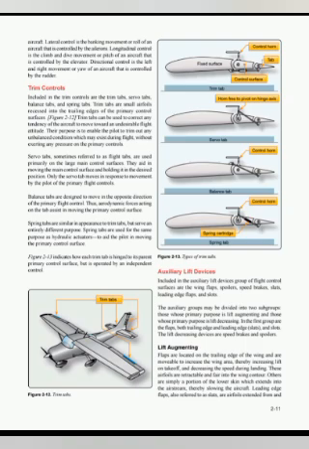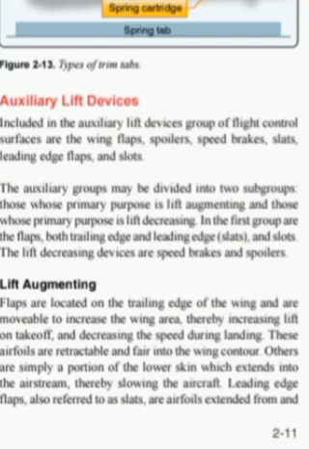Auxiliary lift devices. Included in the auxiliary lift devices group of flight control surfaces are the wing flaps, spoilers, speed brakes, slats, leading edge flaps, and slots. The auxiliary groups may be divided into two subgroups: those whose primary purpose is lift augmenting, and those whose primary purpose is lift decreasing.